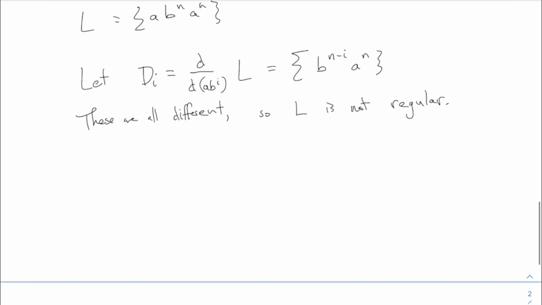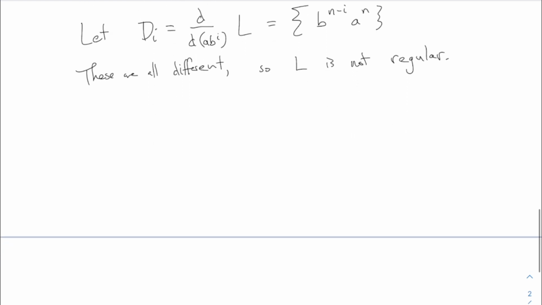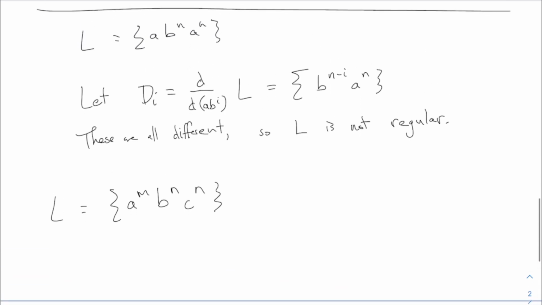Okay, how about, I got more. How about, well, this is kind of similar. A to the m, b to the n, c to the n. Actually, this is not kind of similar. It looks kind of similar, but there's something a little subtle about this.